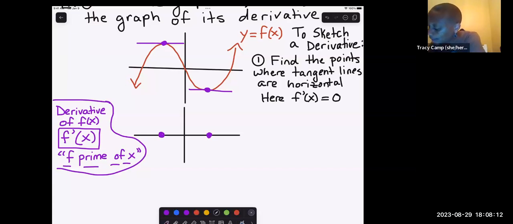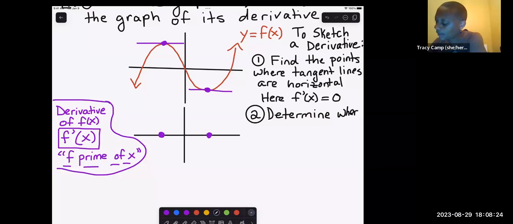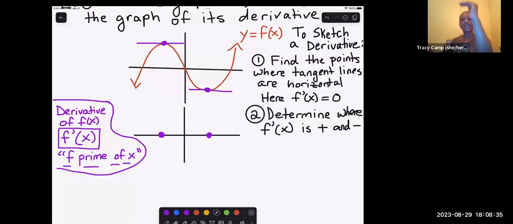Once you've done that, you're going to use the information that I talked about earlier to determine where your derivative, this f prime of x, is positive and negative. Positive means above the x-axis, negative means below the x-axis.